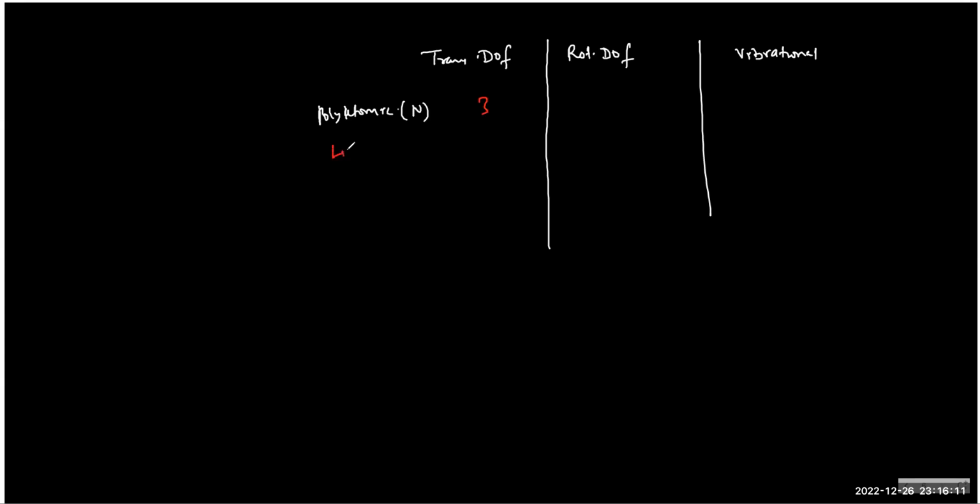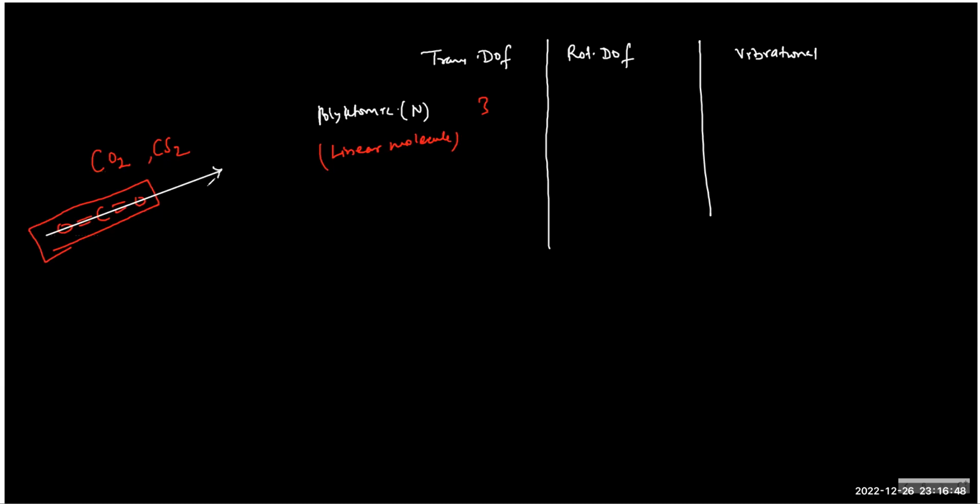So if it is a linear molecule, can you give me some example of a linear molecule having more than 2 atoms? CO2, carbon dioxide. Very good. So the shape of CO2 is linear, right? So for a linear molecule, you can always draw an axis passing through all the 3 atoms, right?